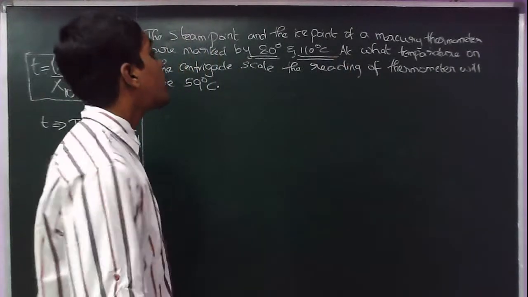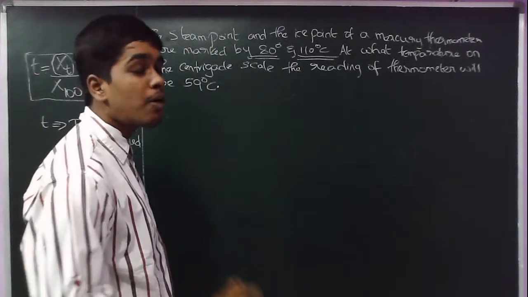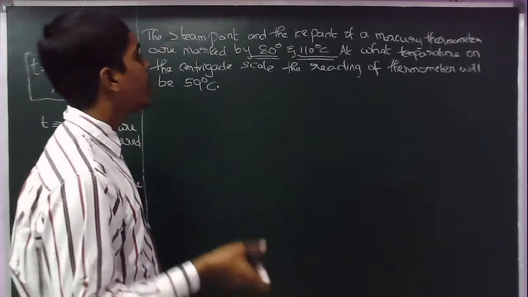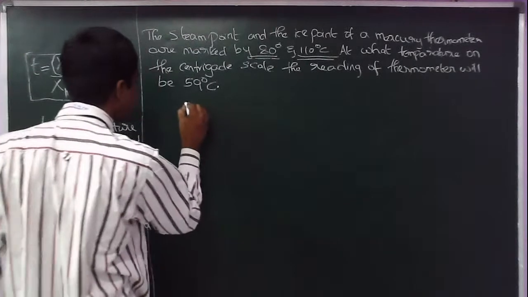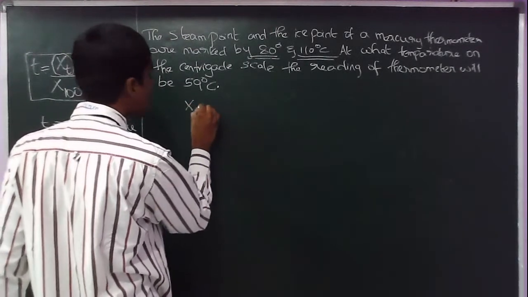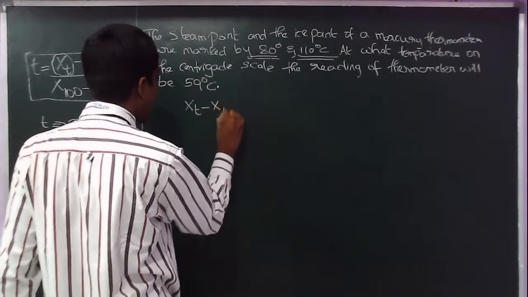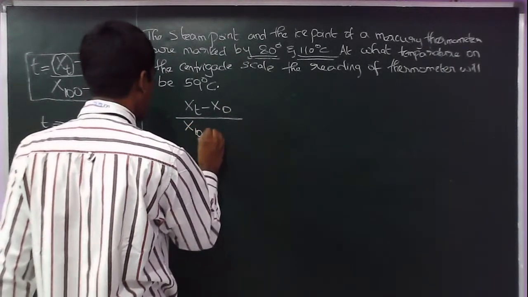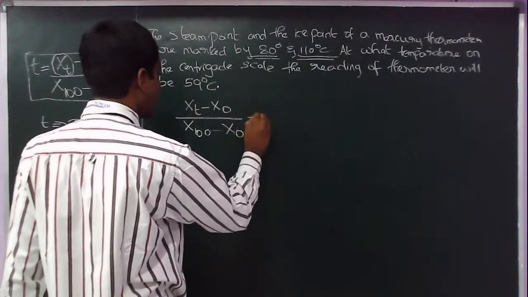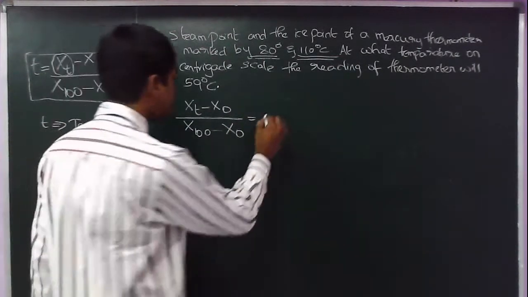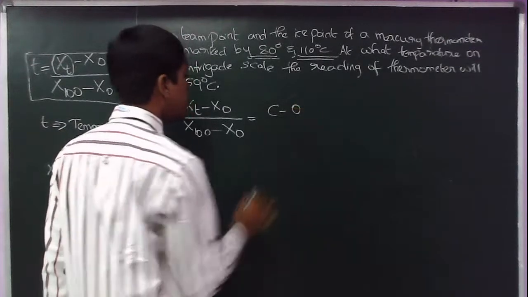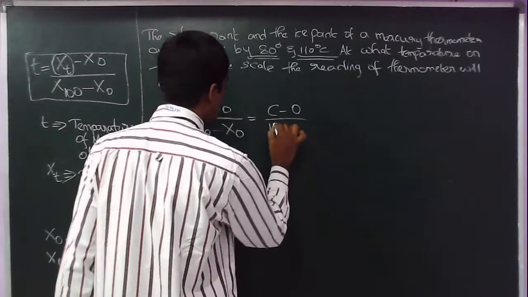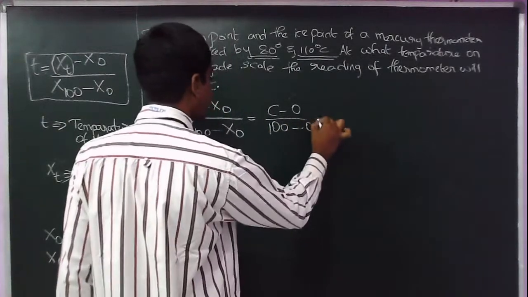Now they are comparing the mercury thermometer with the given values and that of Celsius one. So we compare: (xt minus x naught) upon (x100 minus x naught) is equal to (C minus 0) upon (100 minus 0), because the temperature of the Celsius scale is 0 at the initial point.